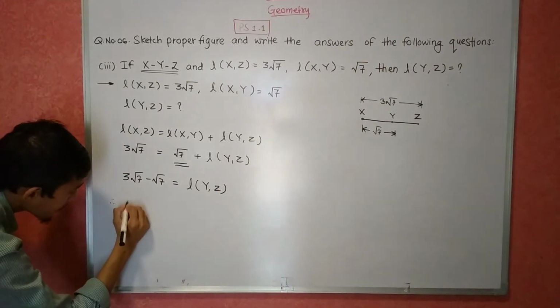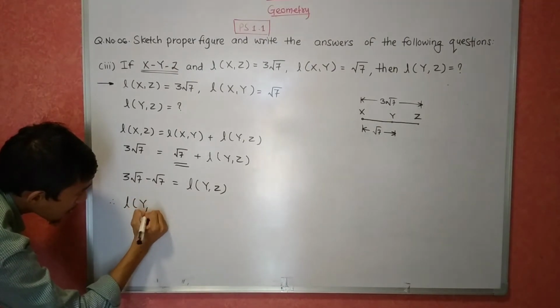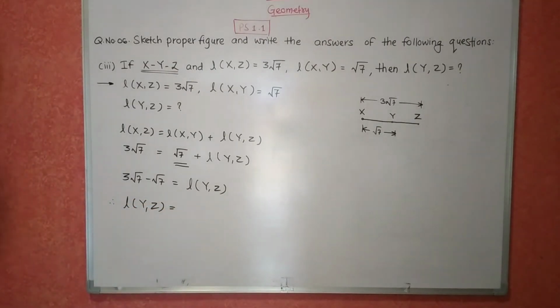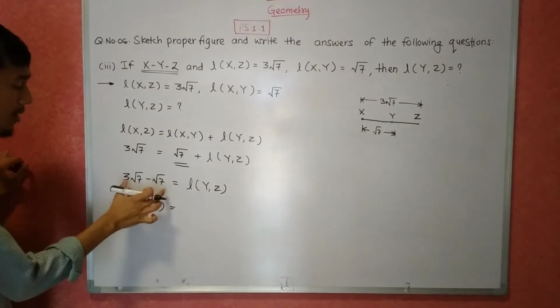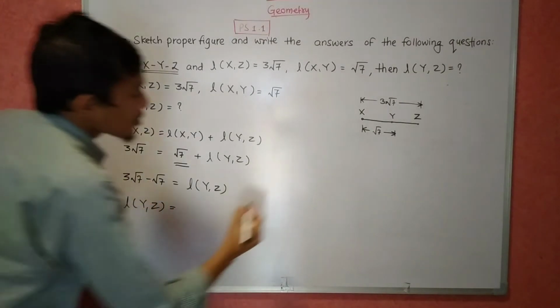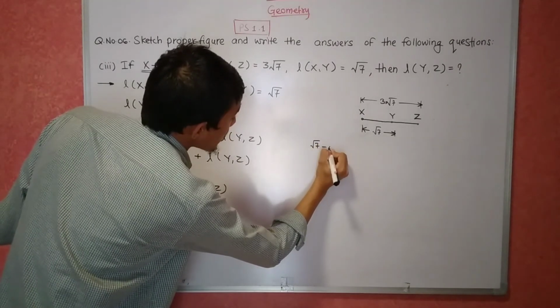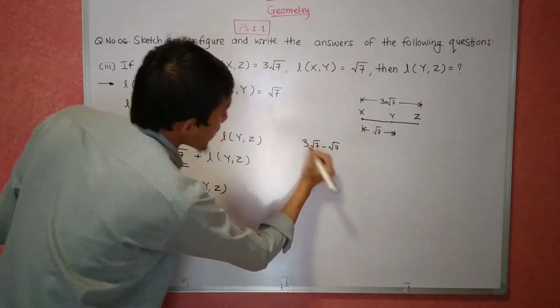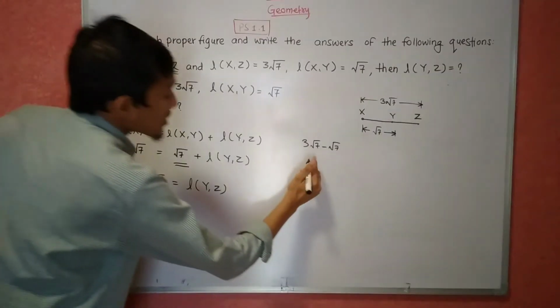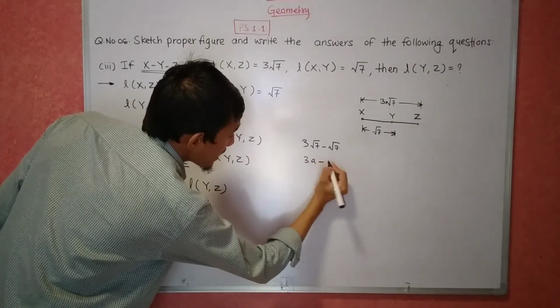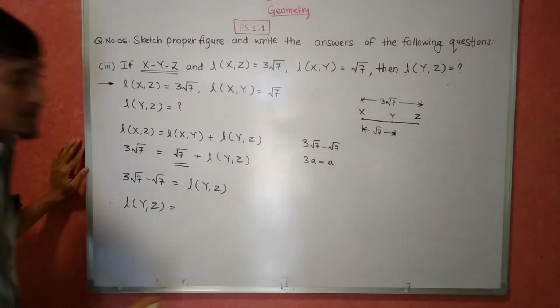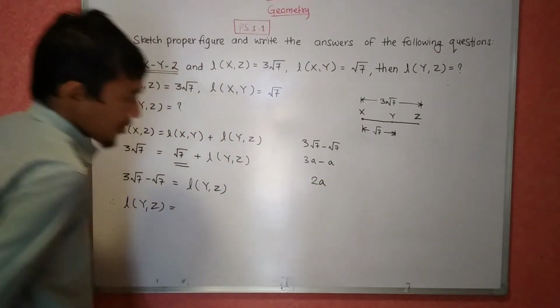Therefore L of yz is equal to 3 root 7 minus root 7, that is, we can take it as 3a minus a. What is 3a minus a? It is nothing but 2a.